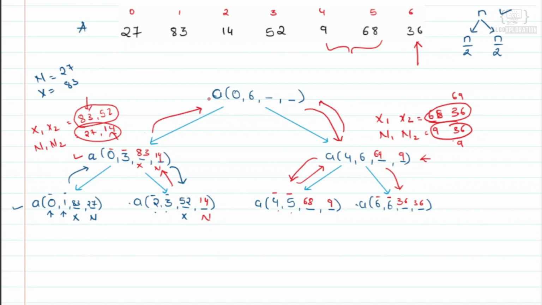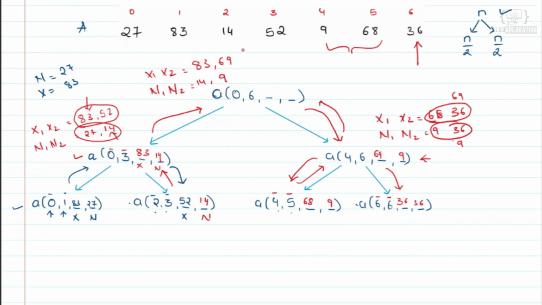Now similarly here also, this function has four values: x1, x2, n1 and n2. Now x1 value is 83 and x2 value is 68 and n1 value is 14 and n2 value is 9.